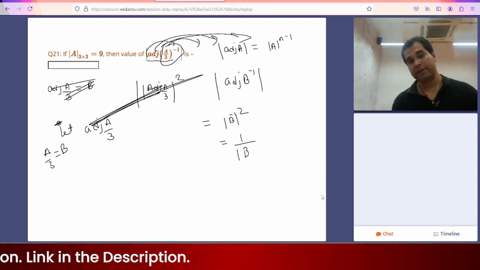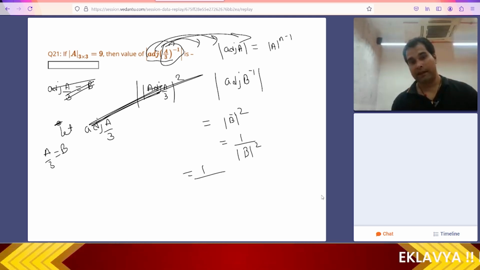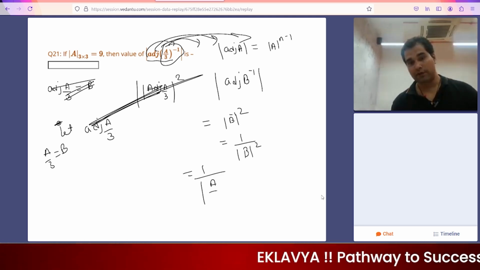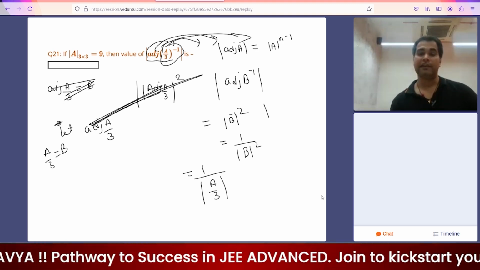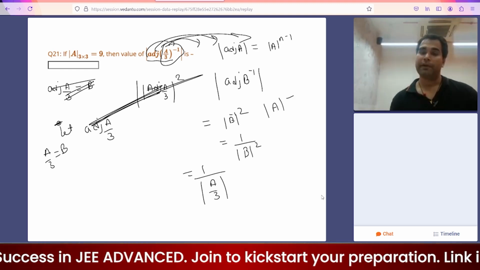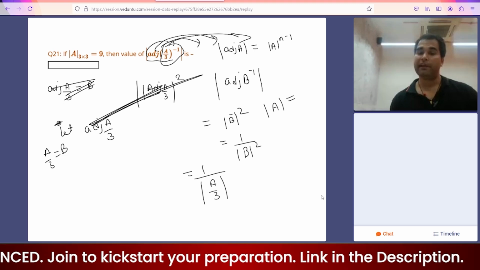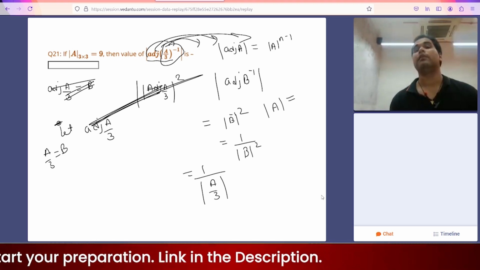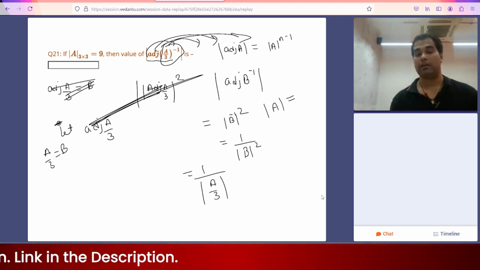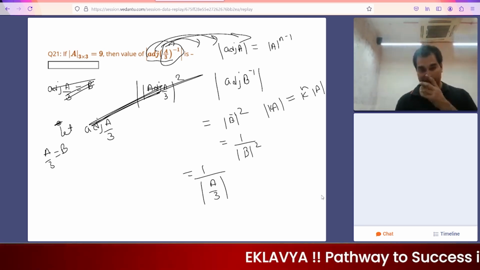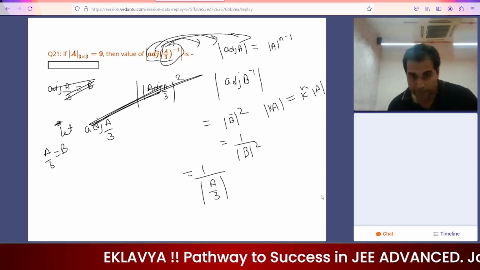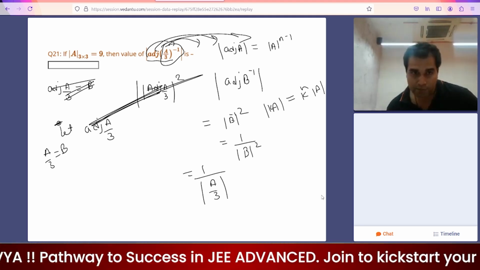This is also written as 1 by determinant of B square. And B is A by 3, so 1 by determinant of A by 3. Here, as we know the property, determinant of kA is k to the power n times the determinant of A.